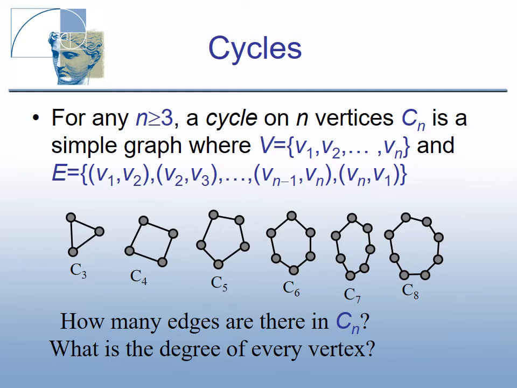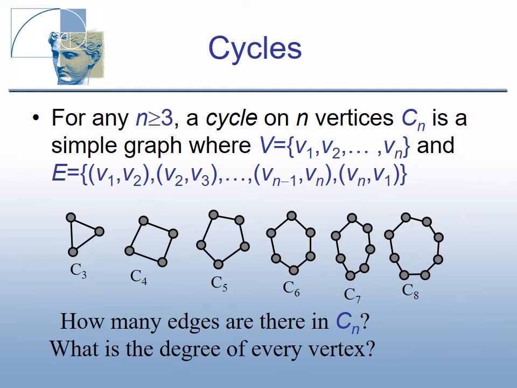There is one more special type of graphs. Some examples of cycles are drawn here. How many edges are there in C sub n? Correct. C sub n has n edges. And one more question. What is the degree of every vertex?